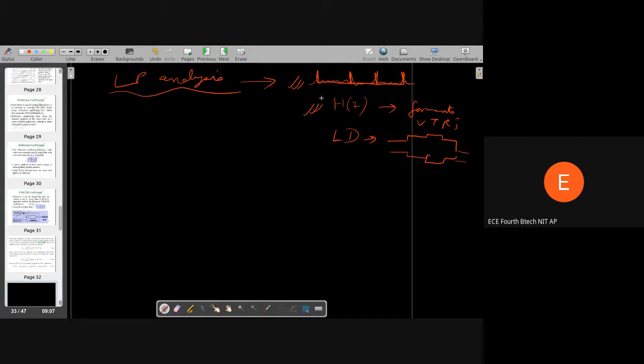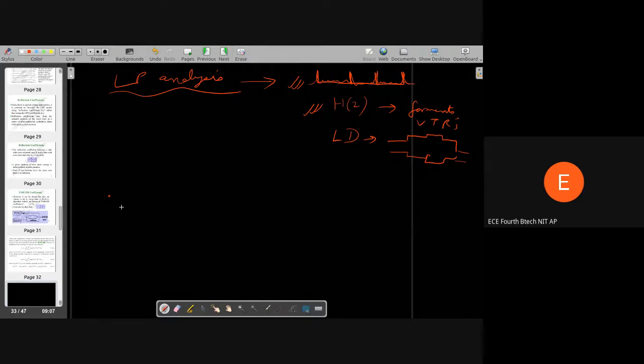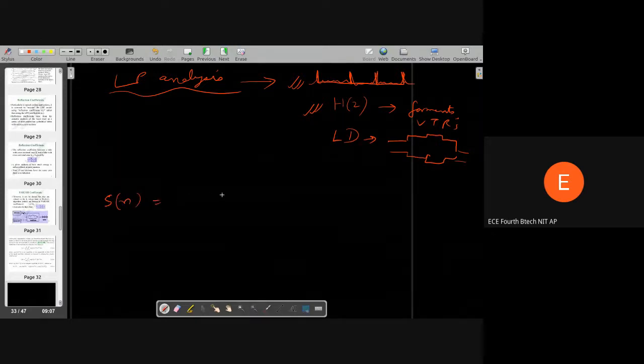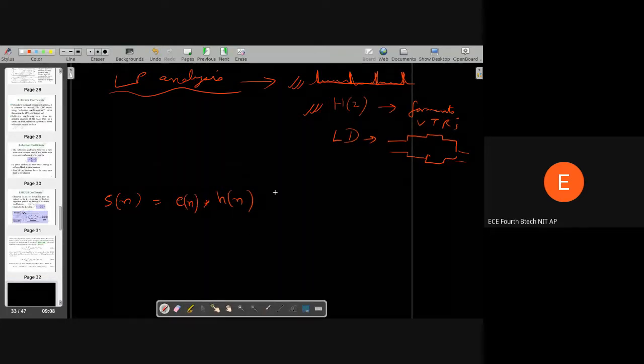There is another very popular technique particularly devoted to this problem, meaning how to segregate, because finally the speech signal is a convolution of an excitation signal and a system.